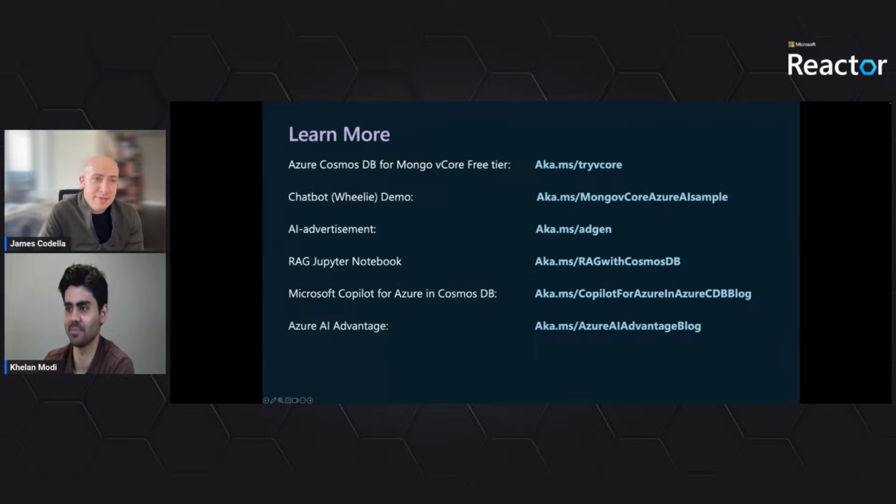For the AI advertisement demo in the Jupyter Notebook, use aka.ms/adgen. We also have a simple RAG pattern done in a Jupyter Notebook, pulling your data from Cosmos DB for MongoDB vCore and interacting with the GPT 3.5 model, all from a Jupyter Notebook. Really easy to get started. Check out that link. And then there's a link to our blog post about Microsoft Copilot for Azure and Cosmos DB, and then that great Azure AI Advantage offer that we just talked about a minute ago.